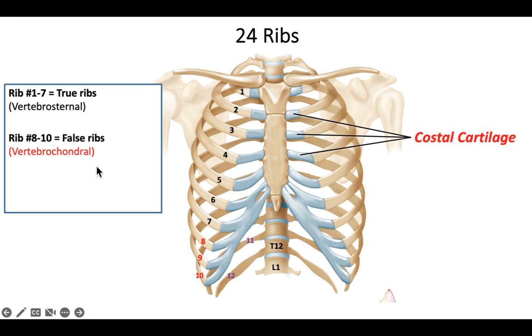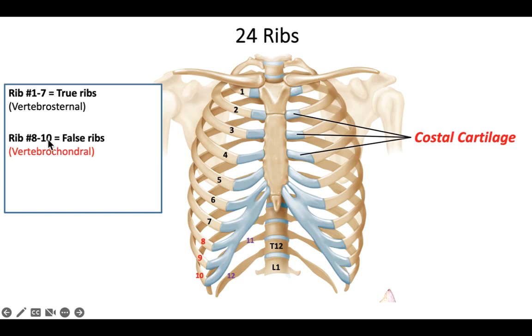Now, when it comes to the rest of the ribs, so we're talking 8, 9, 10, 11, and 12, they're often called false ribs. Again, I don't really like that, but that was just what was named based on the fact that they don't really have their own costal cartilage. But I like this nomenclature.